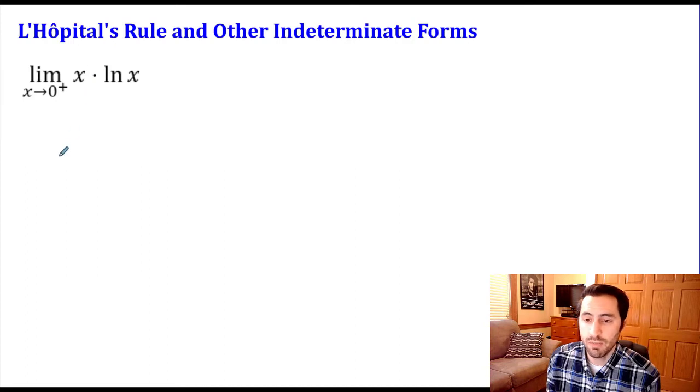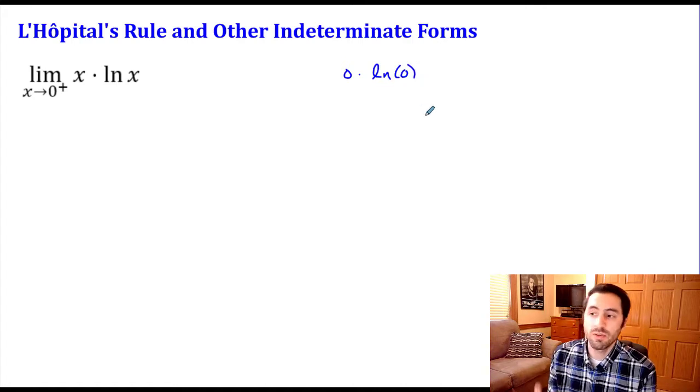So my first example, I had the limit as x approaches 0 from the right of x times the natural log of x. So the first thing, just really quick, if I try to evaluate this by just plugging in 0, what I'm going to end up with is 0 times the natural log of 0.